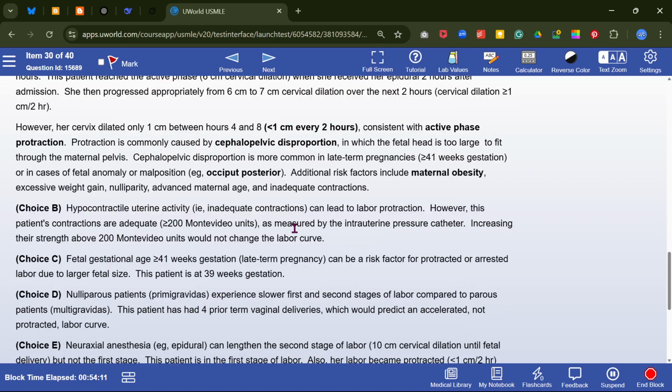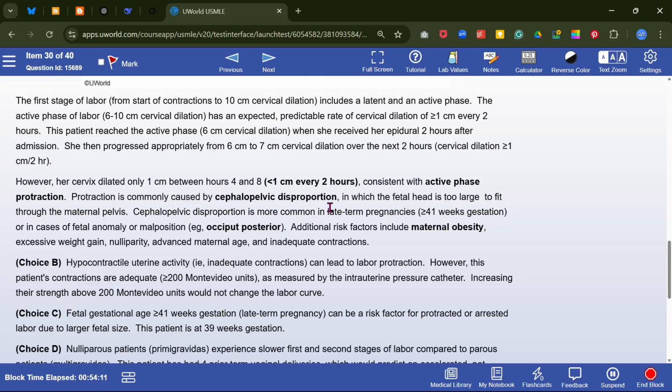After giving anesthesia, okay, however, her cervix dilated only 1 centimeter between hours 4 to 8, less than 1 centimeter every 2 hours, consistent with active phase protraction. Protraction is commonly caused by cephalopelvic disproportion, in which the fetal head is too large to fit through the maternal pelvis.